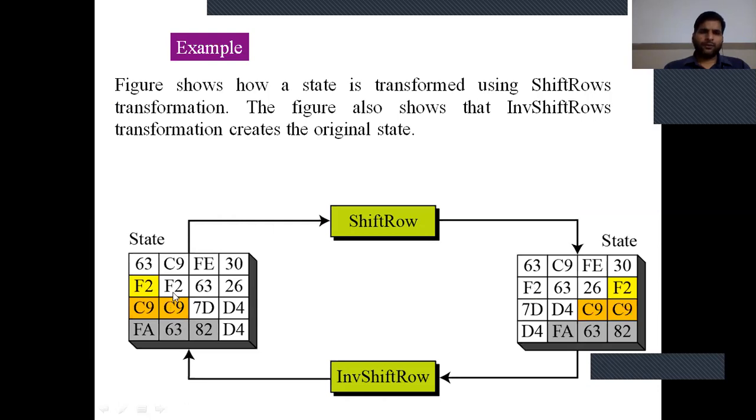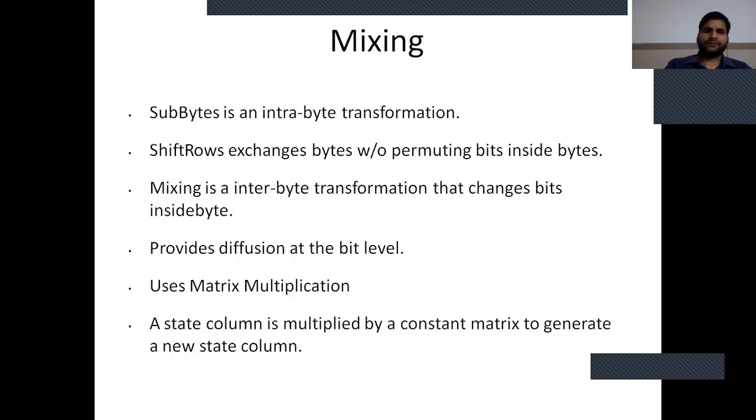So F2, F2, 63, 16, we find we shifted 26 is F2 and F2 here. Now according to shifting right, we get F2, 63, 26, and F2. So this is the inverse of shift rows.